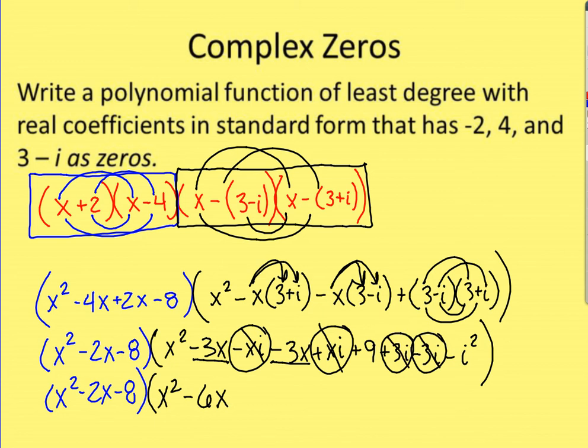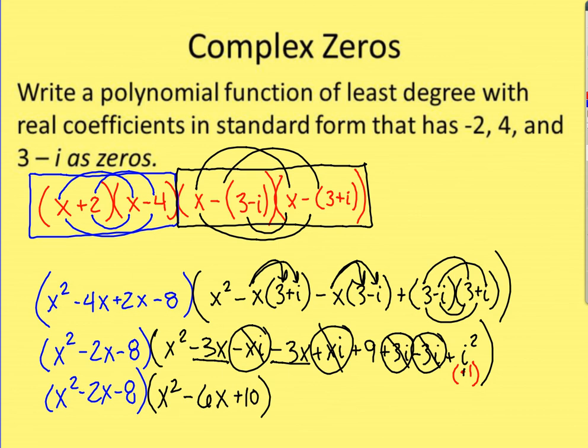And now we have a 9 and a negative i squared. Remember, i squared is equivalent to negative 1. So negative negative 1 turns into positive. 9 plus 1 will give us 10. So now we have x squared minus 2x minus 8 times x squared minus 6x plus 10.